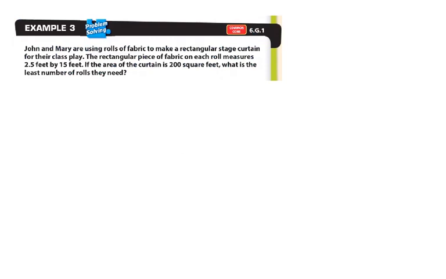So in this example, John and Mary are using rolls of fabric to make rectangular stage curtains for their class play. The rectangular piece of fabric on each roll measures 2.5 by 15 feet. If the area of the curtain is 200 square feet, what is the least number of rolls they need? And so again, drawing it out is going to help out a lot.